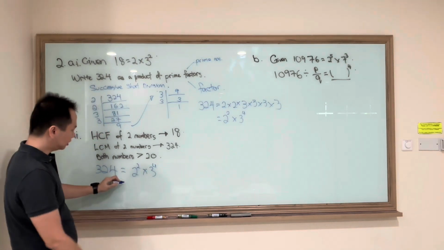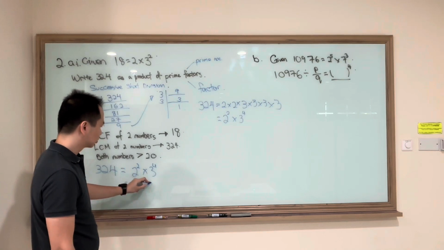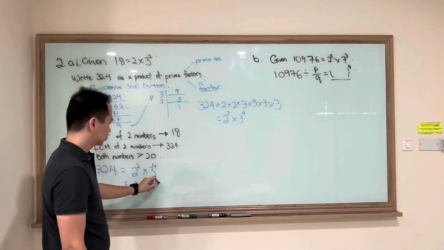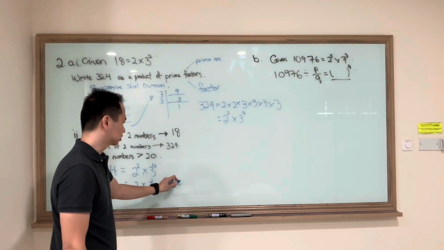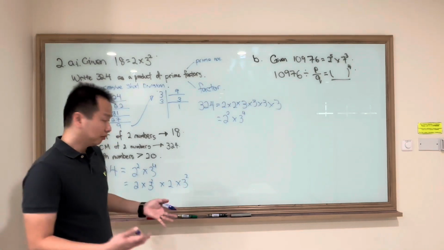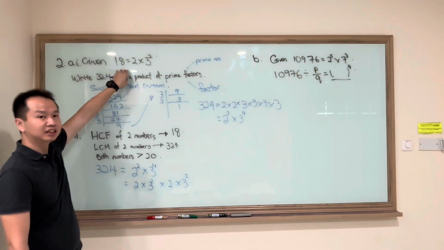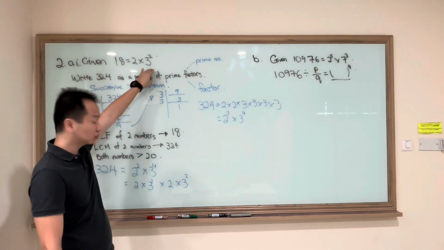If you expand it, it can look like 2 times 3 to the power of 2 times 2 times 3 to the power of 2. So why do we want to make it in this form? Because from the very onset, we already know 18 is equal to 2 times 3 to the power of 2.